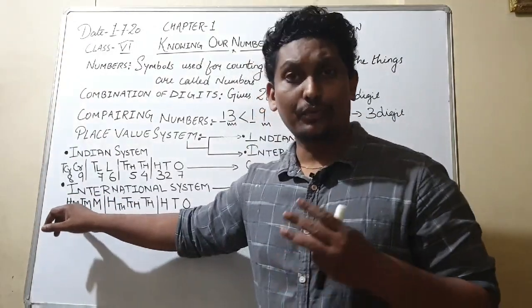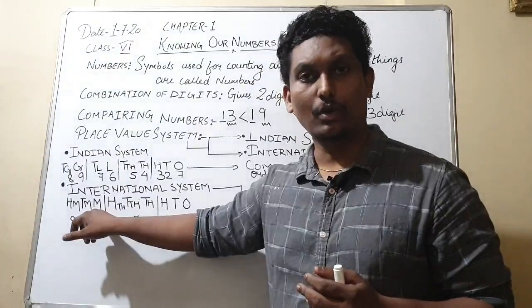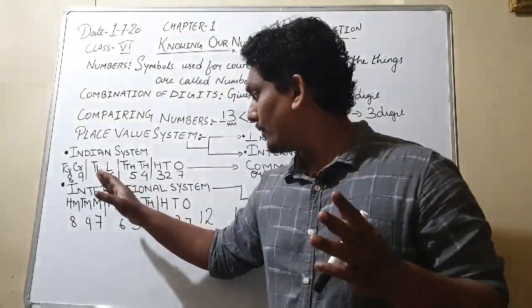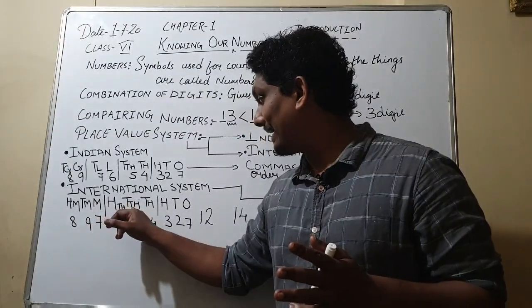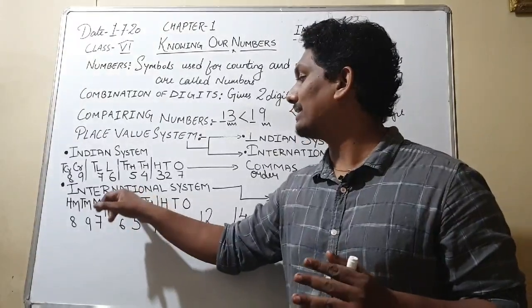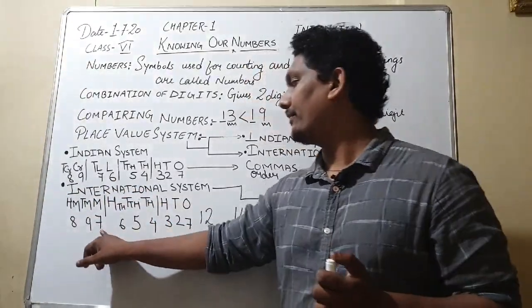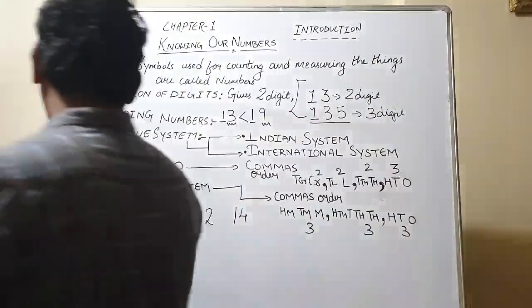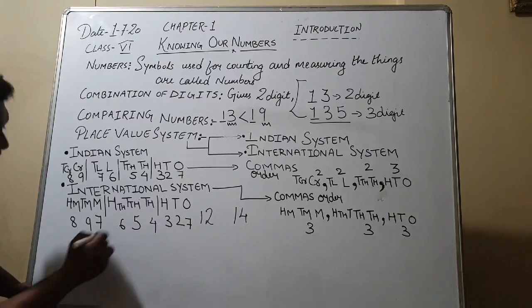Here we have a group of 3, meaning 100 million, 10 million and millions. All of this comes under the section of million. Then 100,000, 10,000 and 1,000 also come under the 1,000 section. So 897 comes under the section of million.